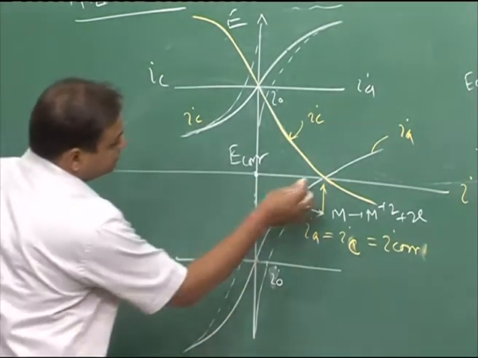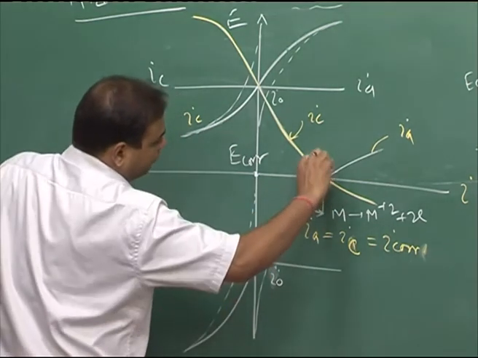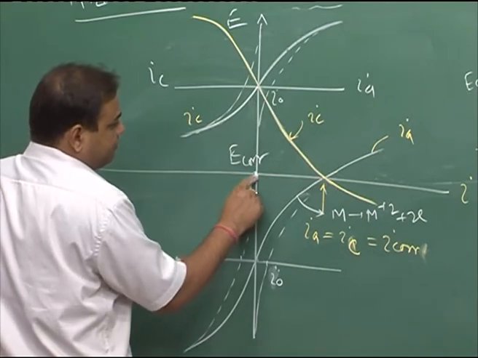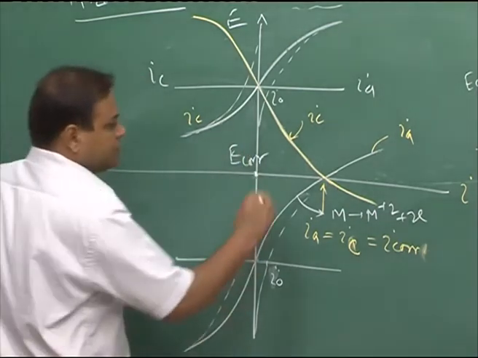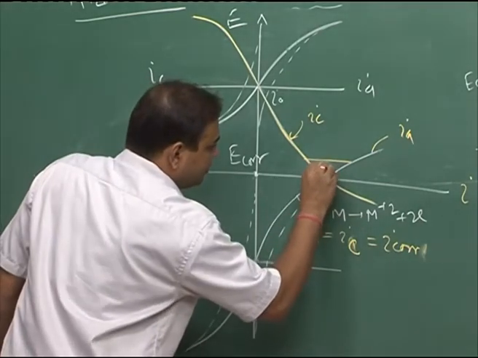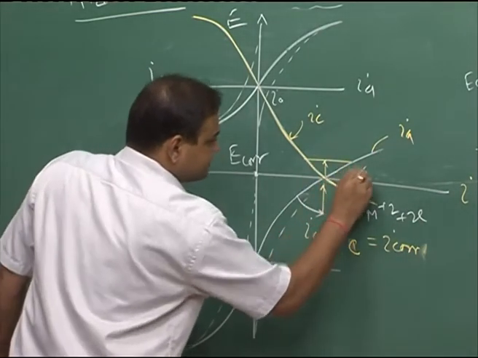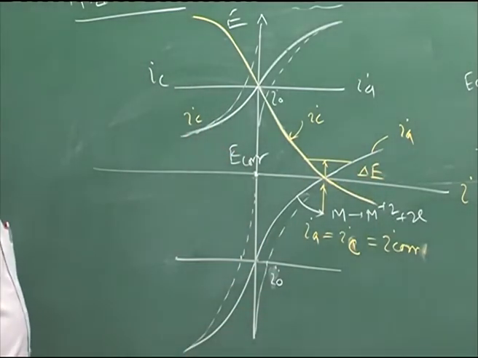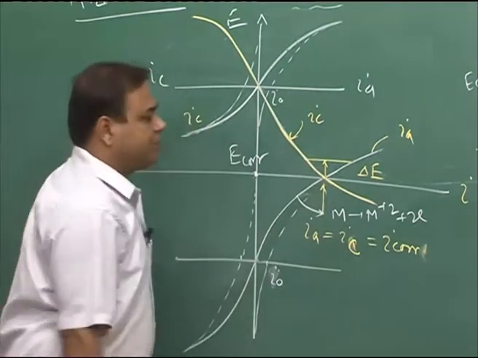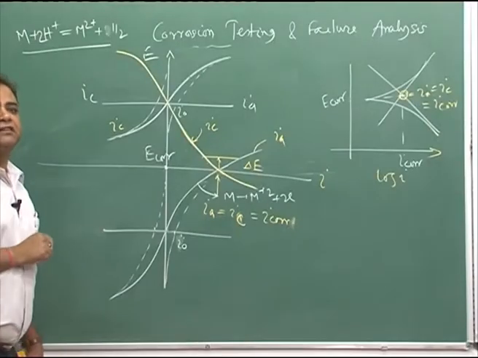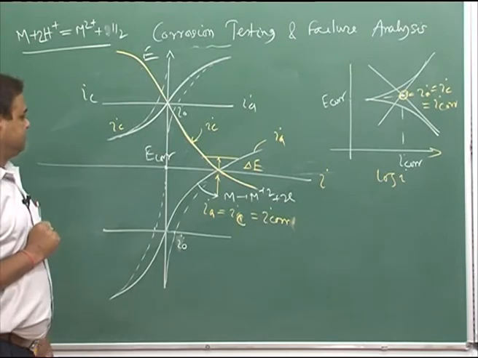Now, if we consider a small overvoltage from this point, that means from this point if we go a small step to the positive side, let us say a small overvoltage which is del E, this small triangle is forming, where both lines can be considered linear, because it is a small overvoltage.